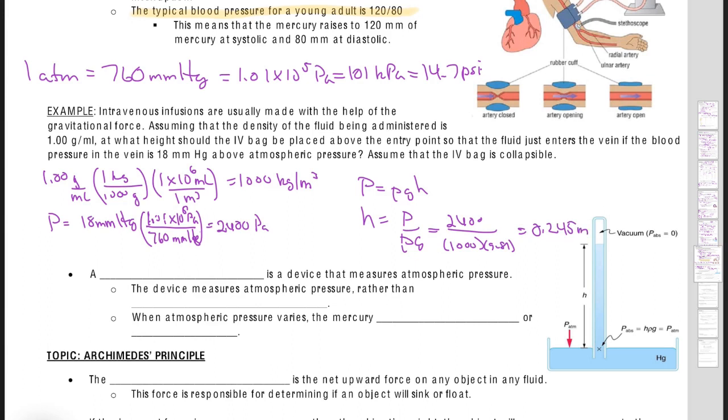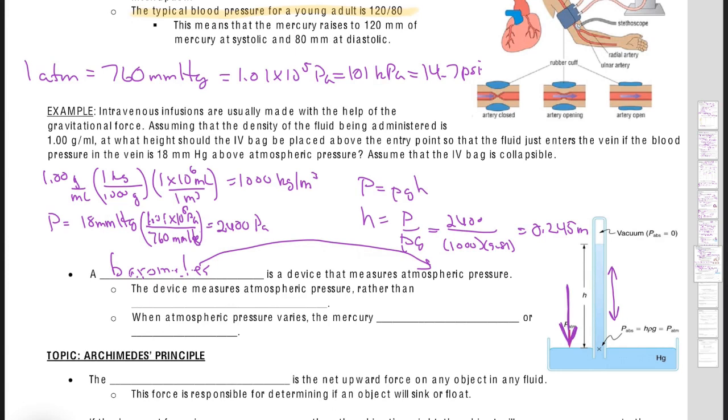0.245 meters. Now, another class of devices is a barometer. The difference is that barometers measure atmospheric pressure. As you can see in our diagram here, the atmospheric pressure pushes down on this mercury and causes it to go up or down in the tube based on the pressure.